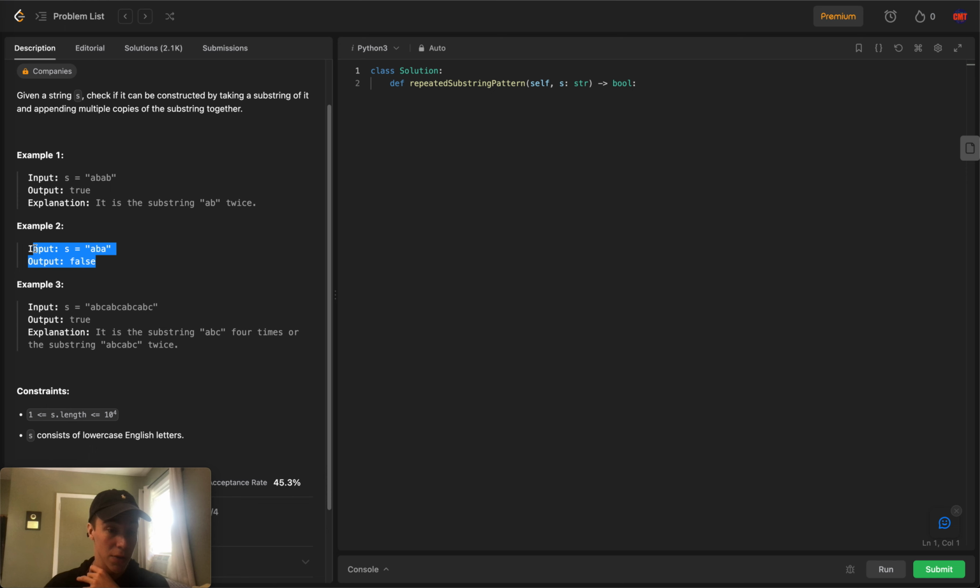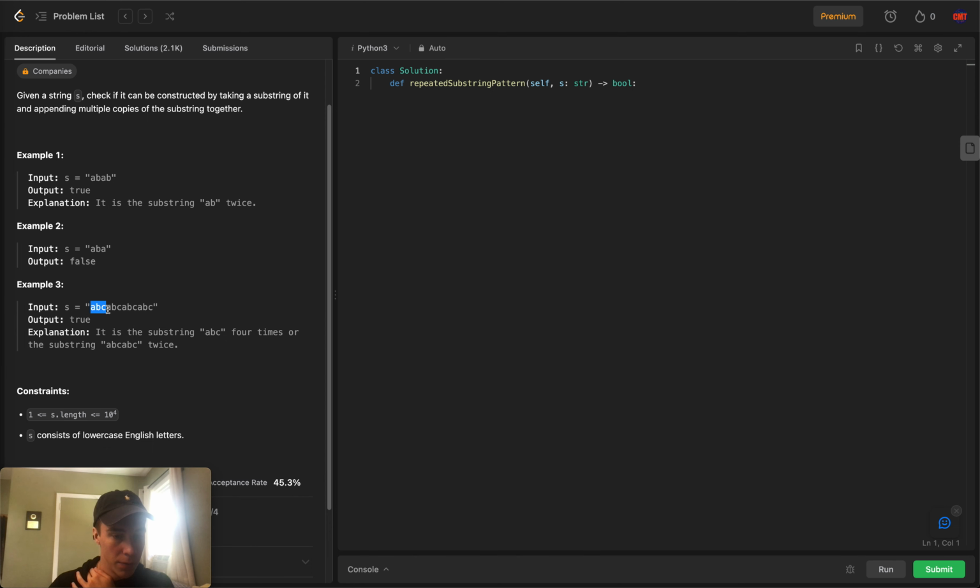The response is false because there is no substring in S by which taking multiples of that substring would equate to the input S. Right? We can't take AB and take it multiple times to get ABA, and single characters don't work either.